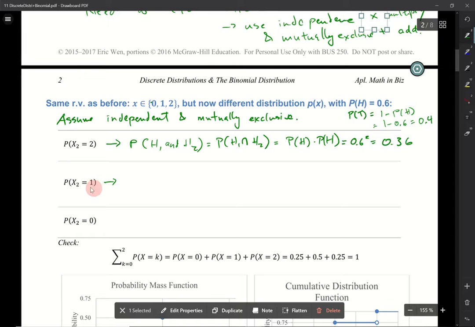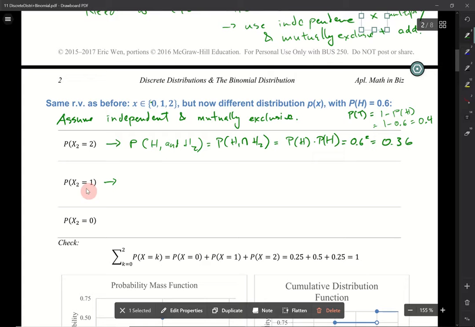Okay, and similarly, what about the probability that you have one head? Remember, this is the case where we're flipping 2 coins, or not really coins, but we have some process where the probability of success, say, is 0.6, and the probability of failure is 1 minus that, which is 0.4. So what's the probability of having one of the 2 being successful? Here, it's the probability of 2 heads, 2 successes.